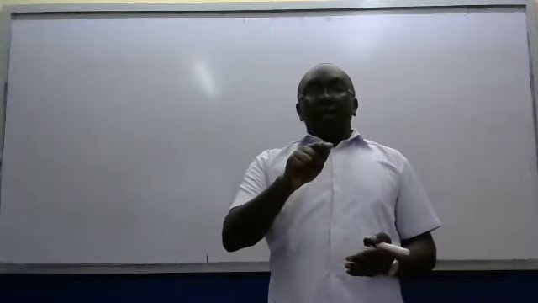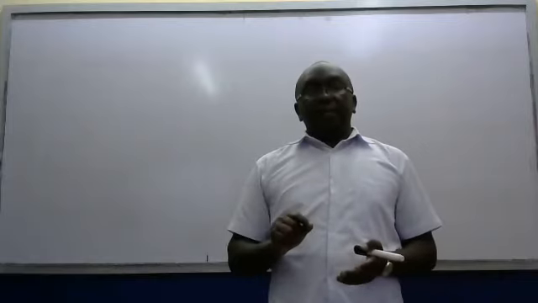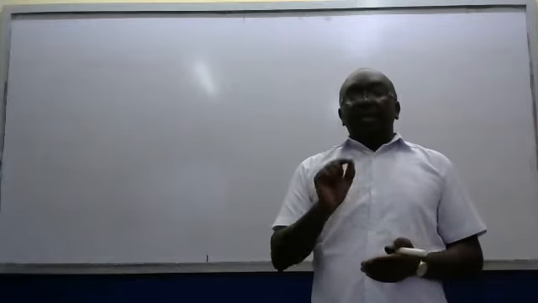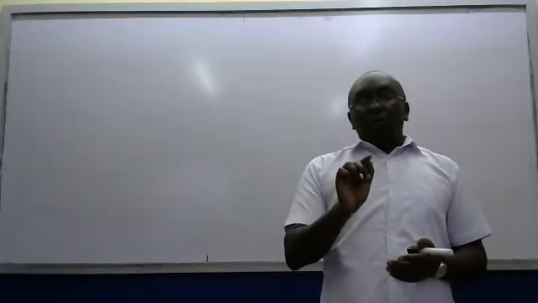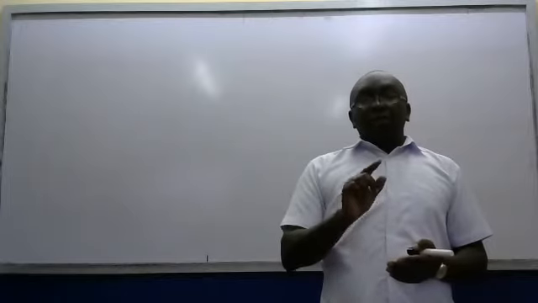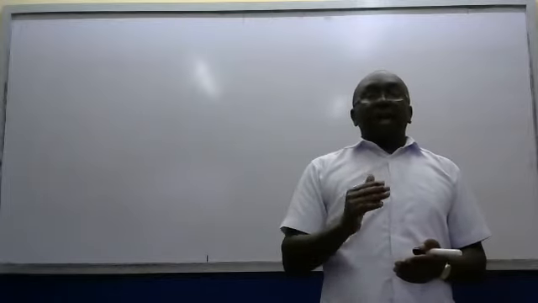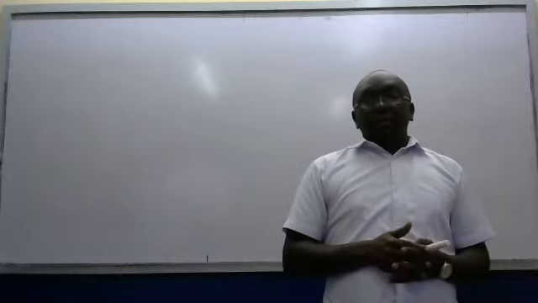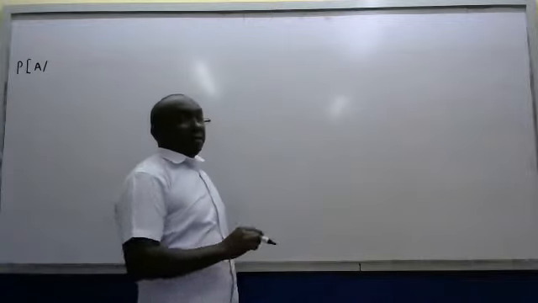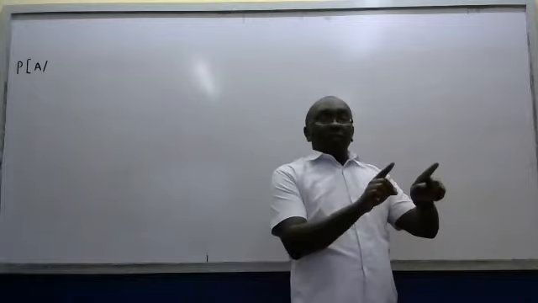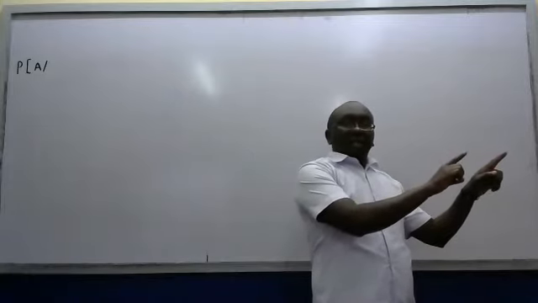You start where the question statement has ended. The question statement is the sentence that has the question mark, what you are told to compute. That question statement has ended with what? Good. So if it has ended with A, you write like this: probability of A given. Then you go in a reverse way, following that sentence.